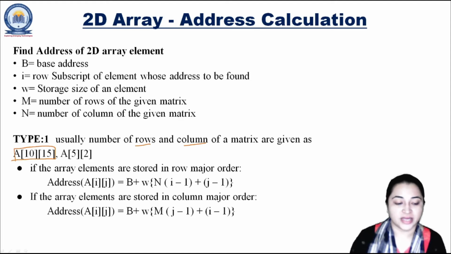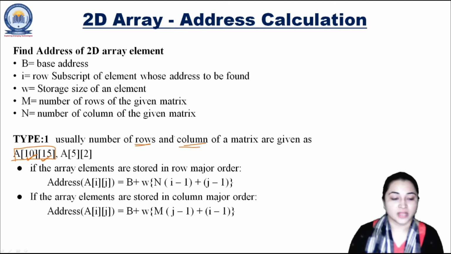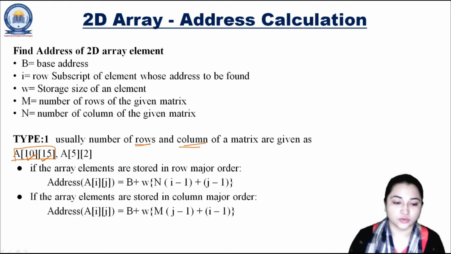If we are given 8, 10, 15, then we have to find the address of the element present at the 10th row and 15th column. So in this case we are directly provided with the rows and columns of the given matrix.